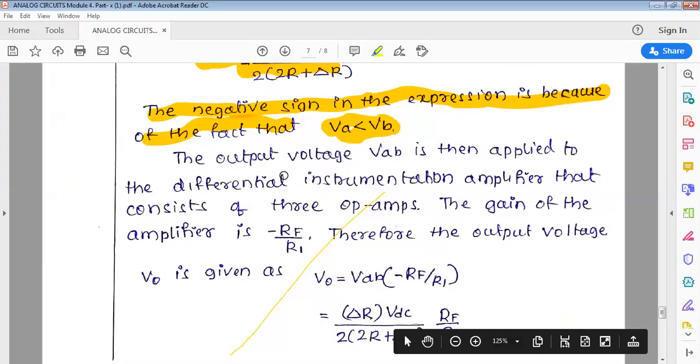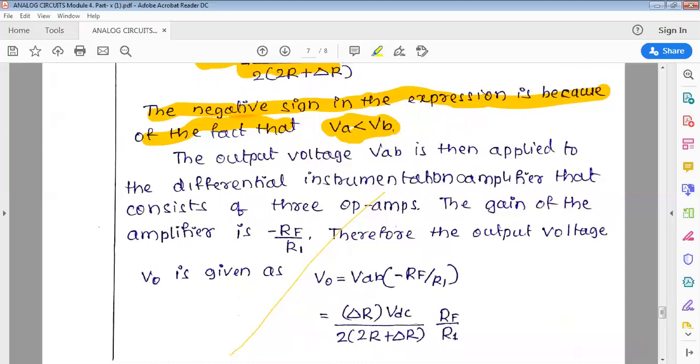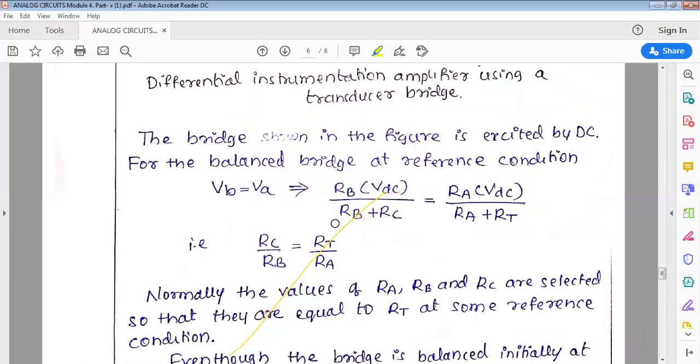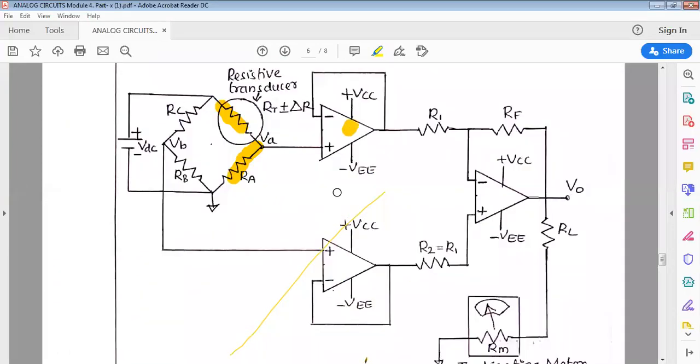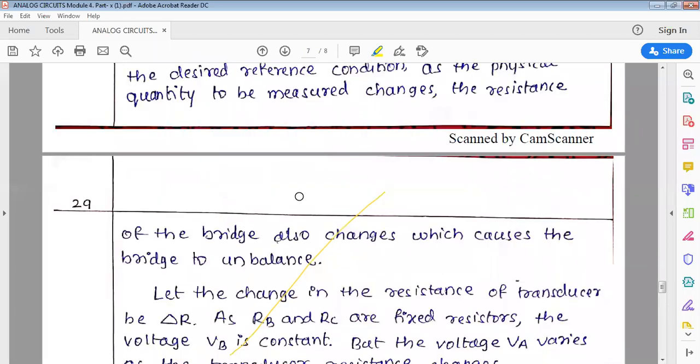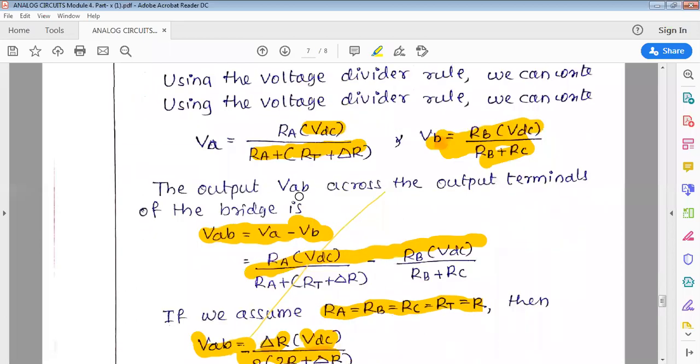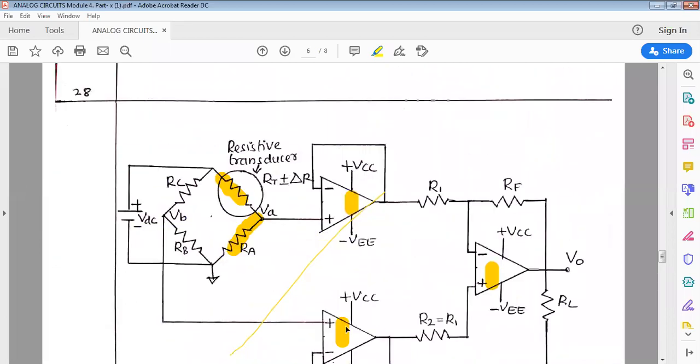The output voltage VAB is then applied to the differential instrumentation amplifier that consists of 3 op amps. That is, this is one amplifier, this is another, and this is the third one. So this voltage VAB is applied to these 3 amplifiers.